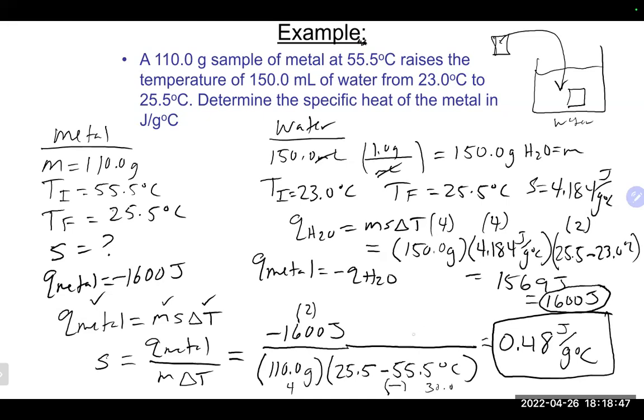And because the metal is exothermic, the temperature decreases as it loses that energy, which gives us a final temperature that's less than the initial, and that gives us a negative on that side. So those 2 negatives cancel each other out. Other questions?